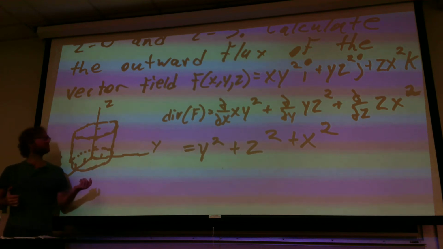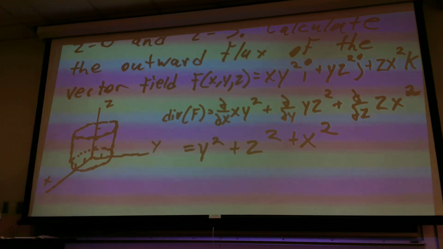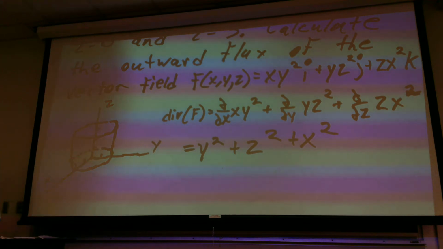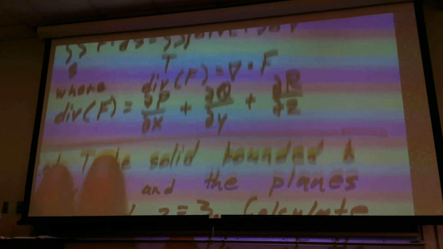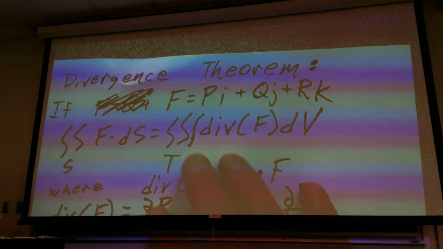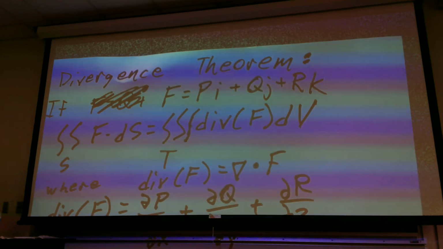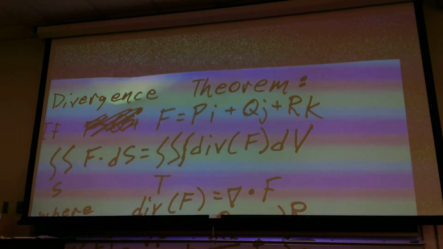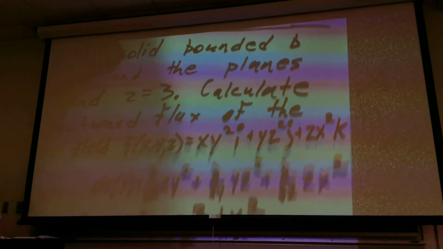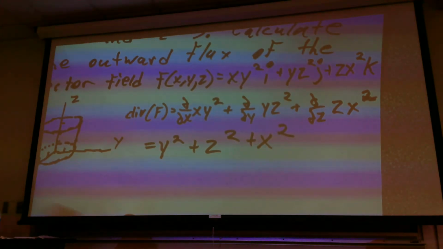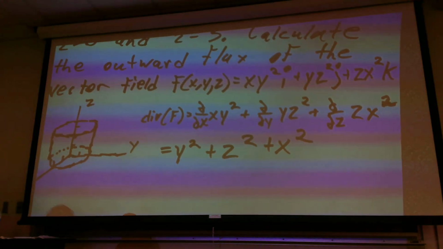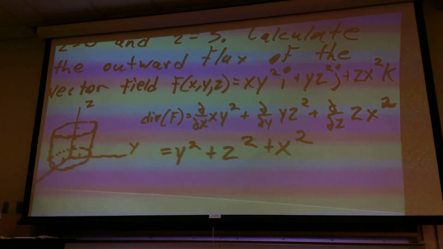Now we have the divergence of the vector field, and we have the region that we're going to be integrating upon. So let's do this triple integral within the cylindrical coordinate system. We're going to go back to this formula: the triple integral of the divergence of F. I'm going to reorder this a little, so it says x squared plus y squared plus z squared, which you normally like that way.